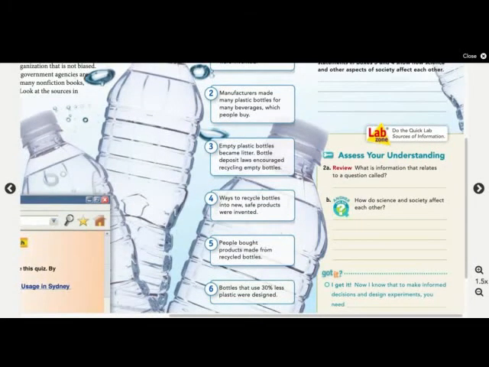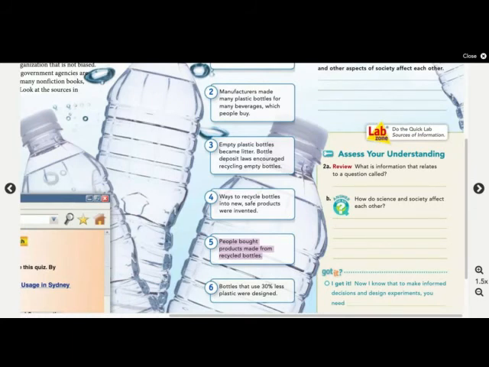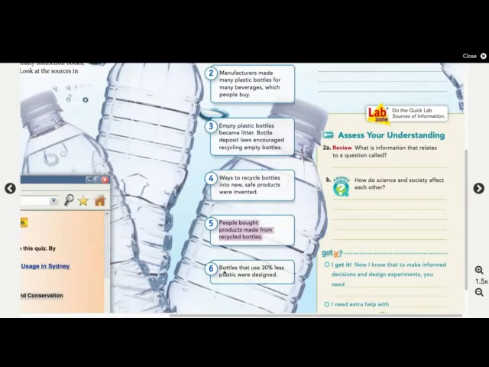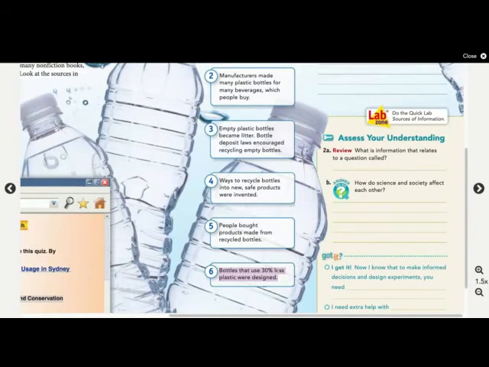Number 5, people bought products made from recycled bottles. Cool, but doesn't have anything to do with science. And the last one, bottles that use 30% less plastic were designed. Once again, number 6 does have to do with science. So we should have circled 1, 4, and 6.